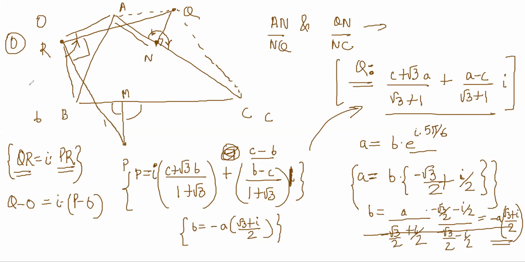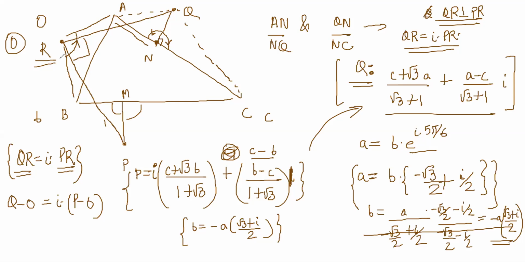But the point that we want to understand is, if you choose the origin as R, then proving that QR is perpendicular to PR is very easy, because you have to just show that the QR complex number is i times the PR complex number, right?